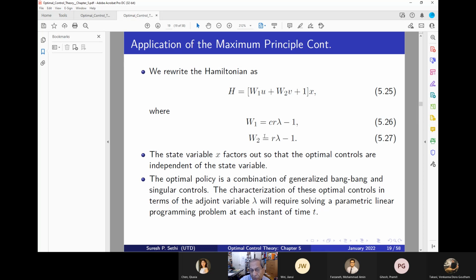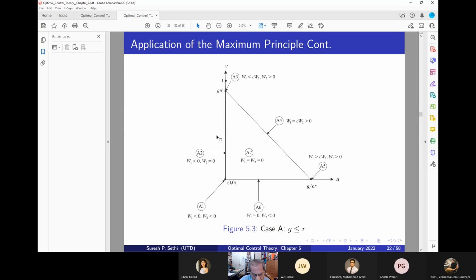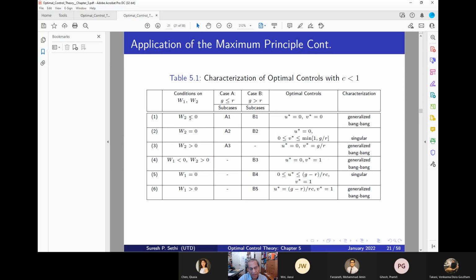So we only need to just say that, right? So what I'm trying to do is, in the table you see I only put W2 less than 0, even though A1 is defined by W1 less than 0 and W2 less than 0. But W2 less than 0 is enough because it automatically implies W1 less than 0. So I minimize the description of the table by W2 less than 0.